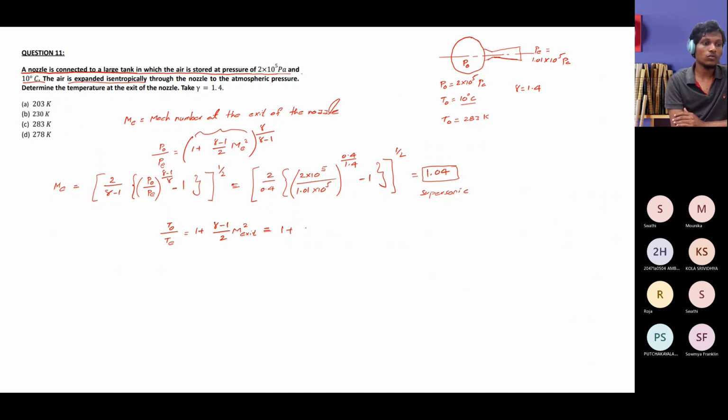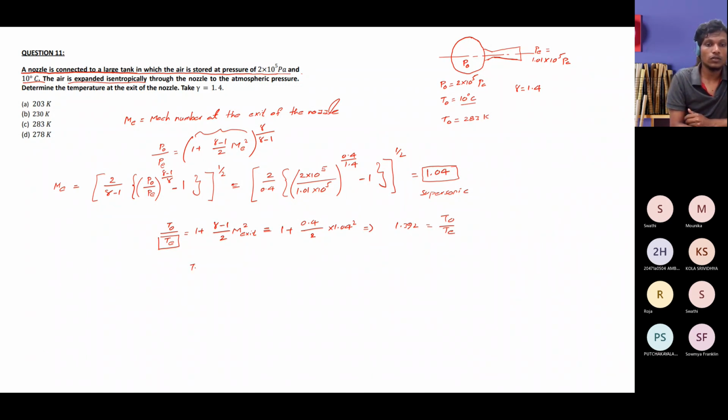So let me substitute the same values because we need to find out the TE. This is our requirement. If I put the values of gamma and Mach number at exit, you will get 1.392 as the ratio of T naught by TE.